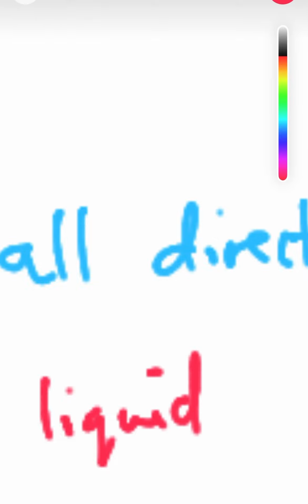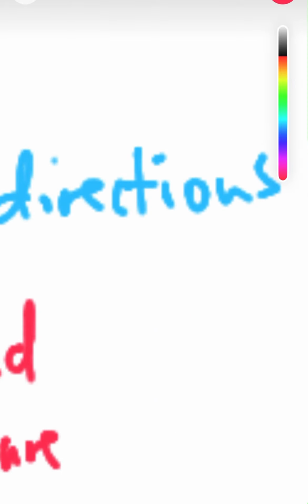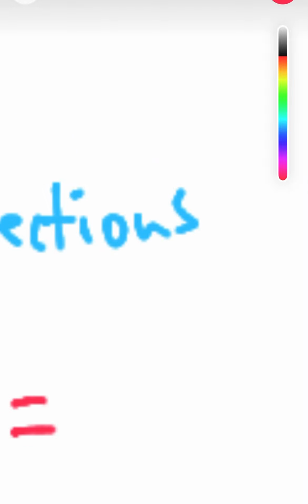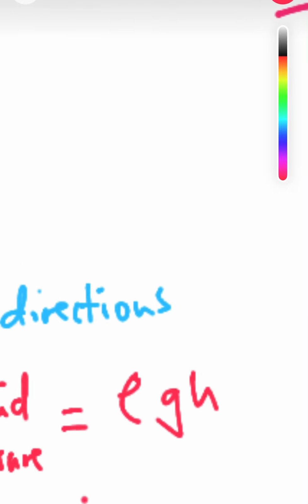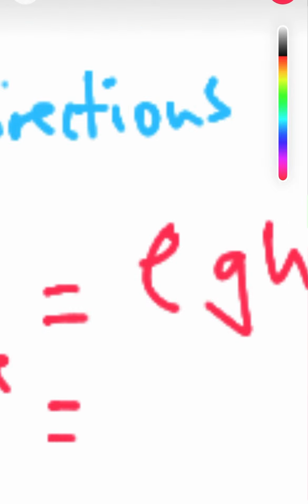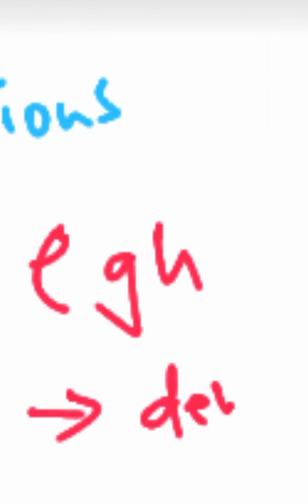The pressure that we have learned when we started is basic pressure, but for fluid pressure it's given by rho g h, whereby rho is the density of the fluid.